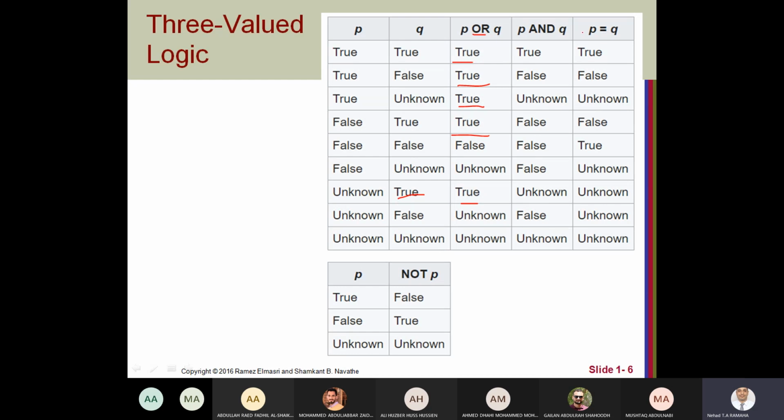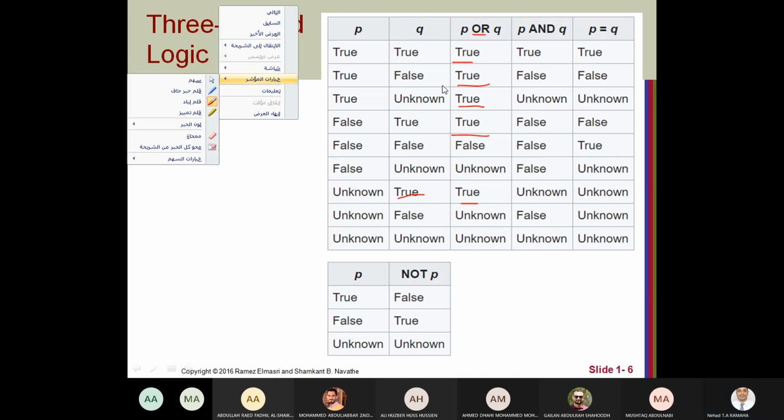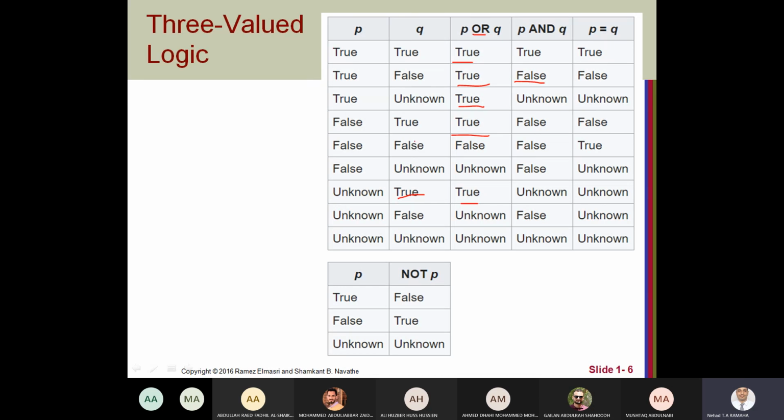AND needs both sides to be true to have the result true. If one side is false, you will have the result false. So if any side is false, the result will be false. What about unknown? Unknown could be false or true.